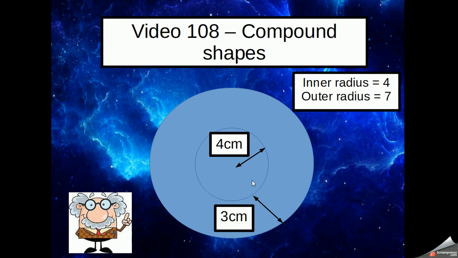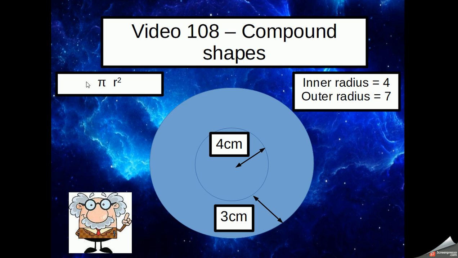So the inner circle has a radius of 4 and the outer circle has a radius of 7, and when we take the inner circle away from the outer circle, we're going to find the area of just this outer rim.